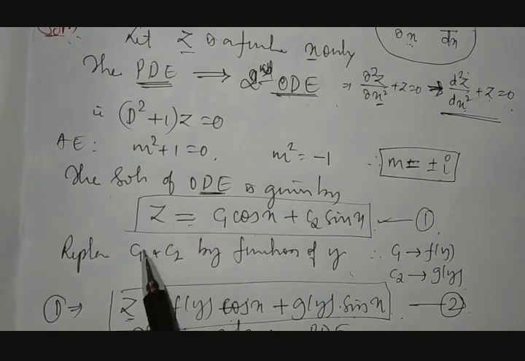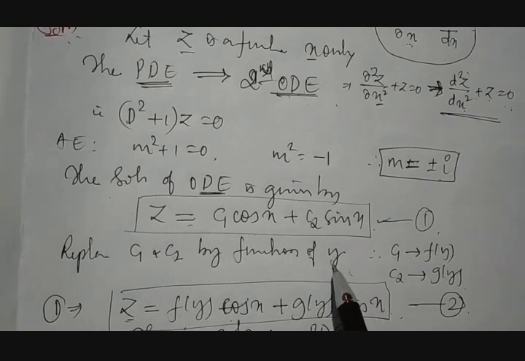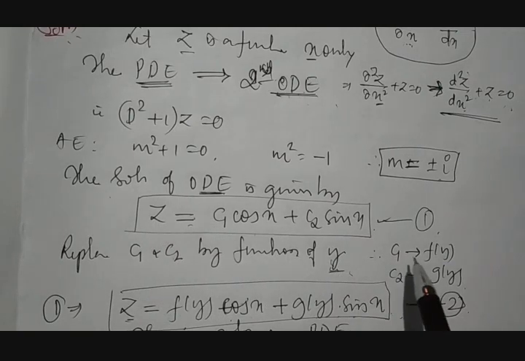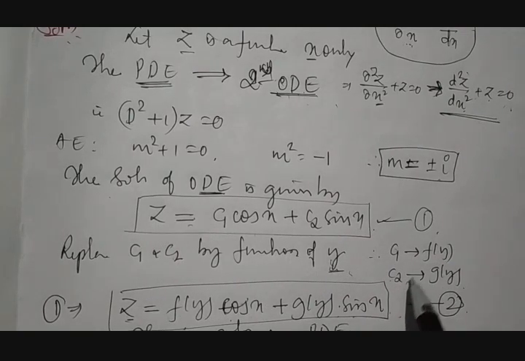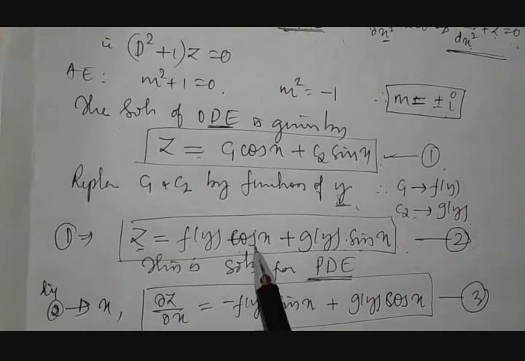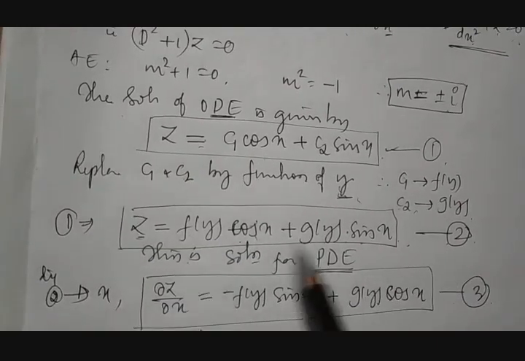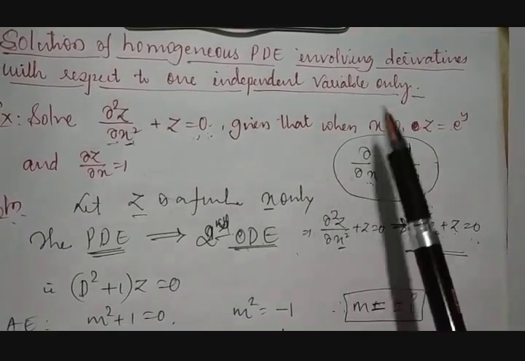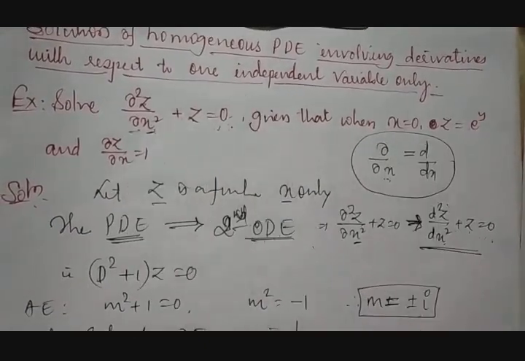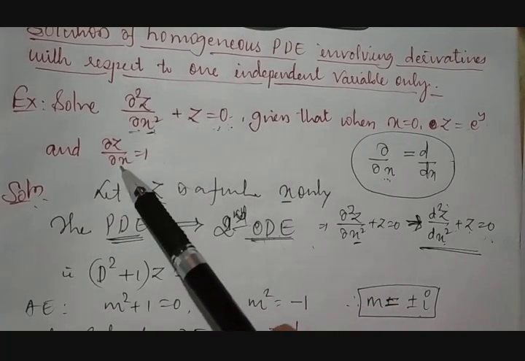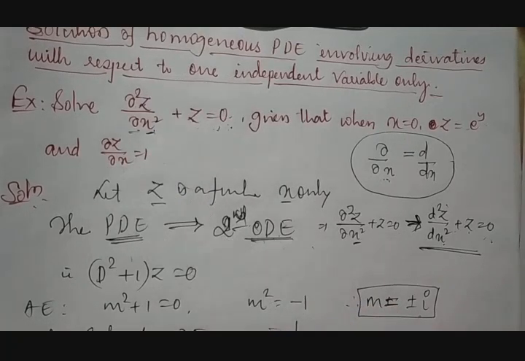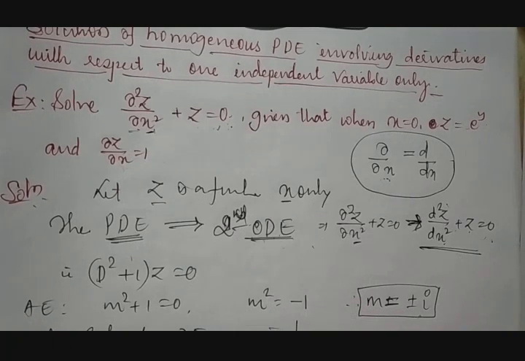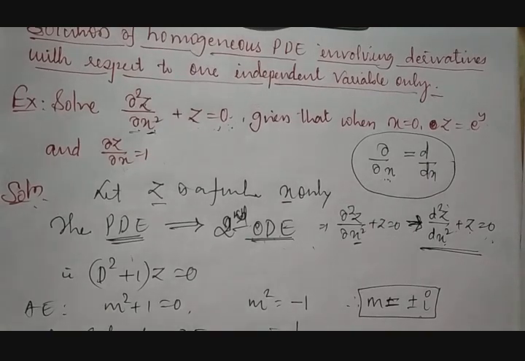Because of that, C1 and C2 will be replaced by functions as constants. That replacement will be substituted here, and that becomes a solution for the partial differential equation. Then you go through the conditions available. As per the conditions, if the dou z by dou x derivative is not given, then don't go for the derivative, only substitute the value. If a derivative is given, then go for the derivative. Okay, so go through this. Thank you.